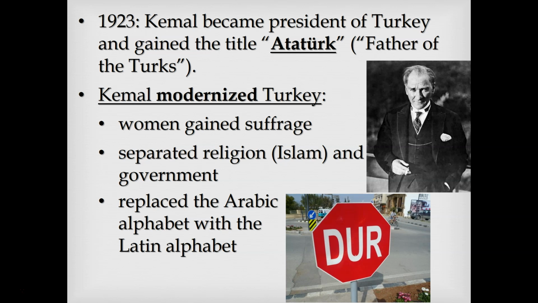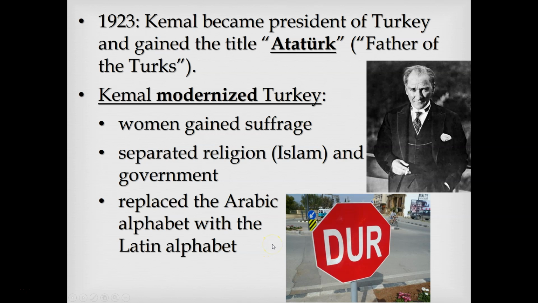So the Turkish language used to use sort of the Arabic alphabet. You've seen Arabic, you know what it looks like. It's a very flowing type, almost like calligraphy. That is going to be switched out, and they're going to begin using the Latin alphabet. That looks pretty familiar to you because we use the Latin alphabet today.